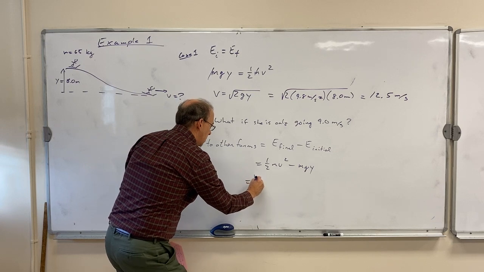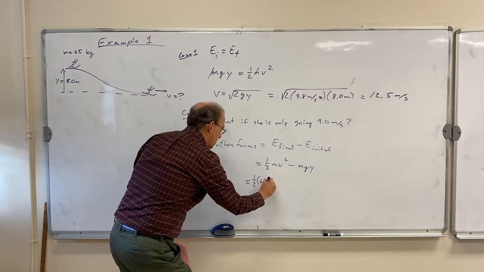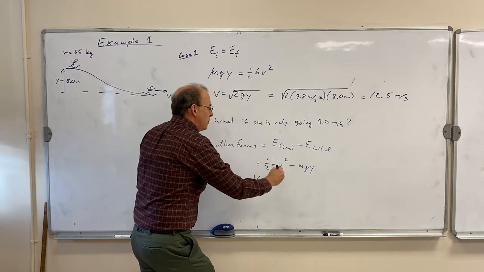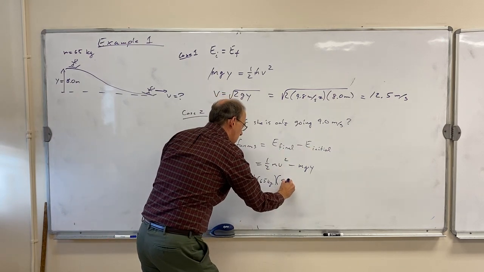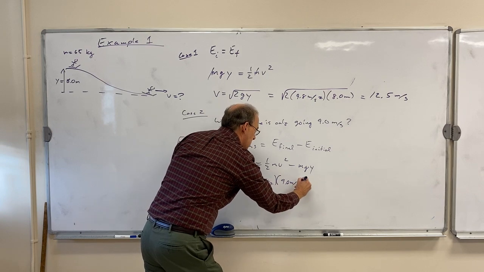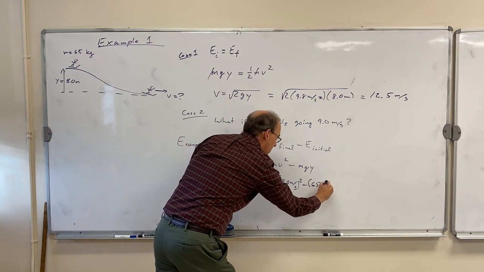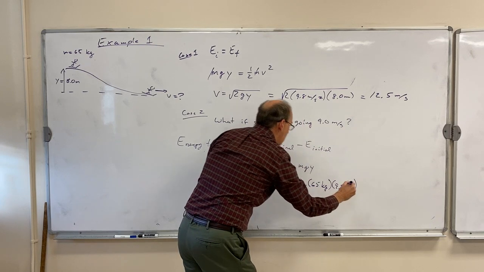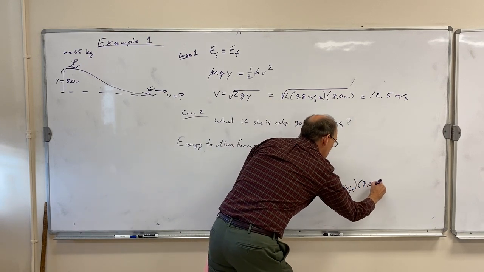So this would now be 1/2, 65 kilograms, I told you her mass, v squared, v is her real speed at the end, 9 meters per second, squared, minus 65 kilograms, 9.8 meters per second squared. The height is still 8 meters.